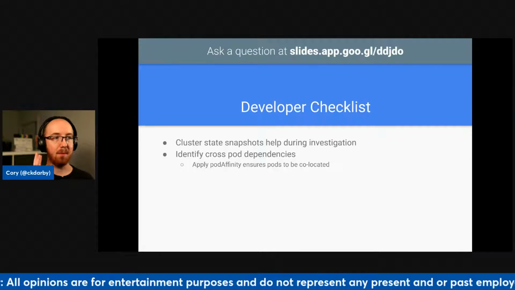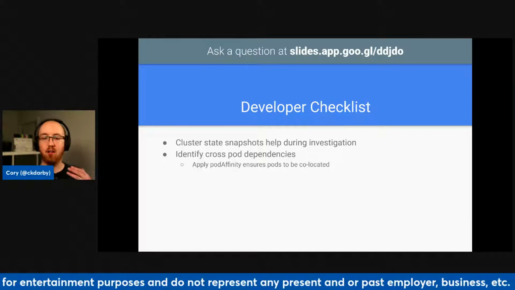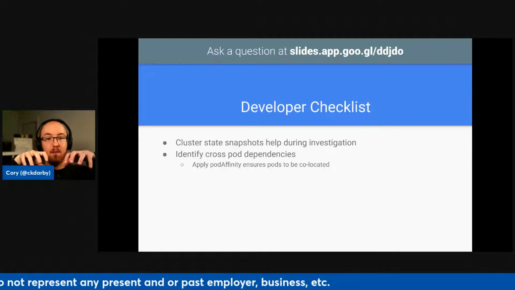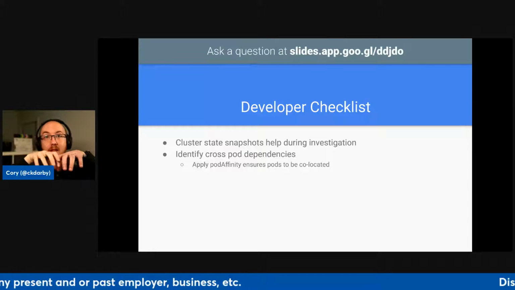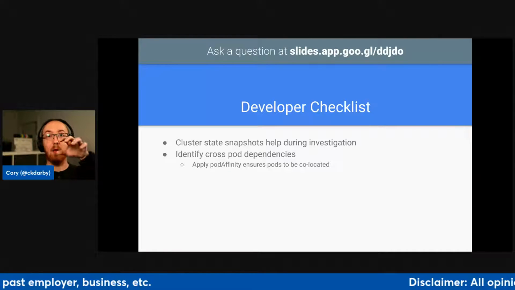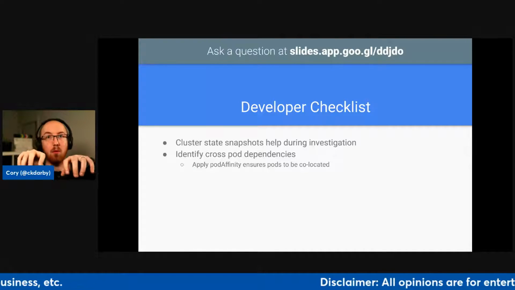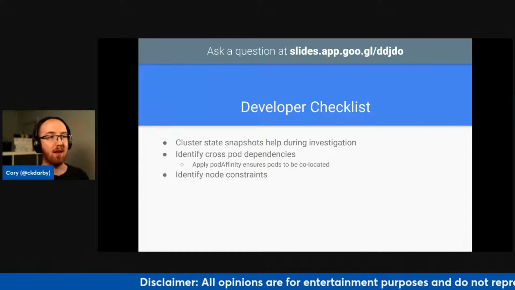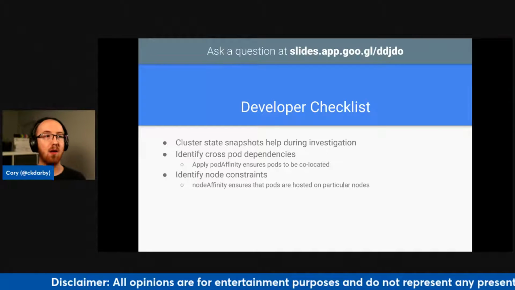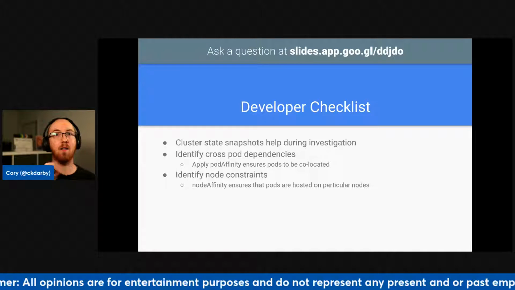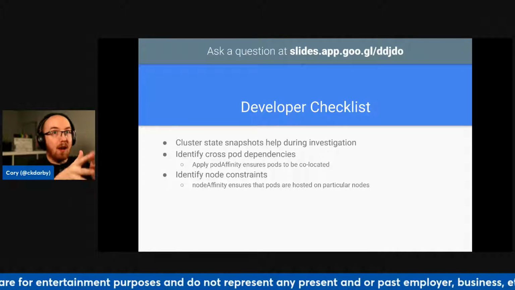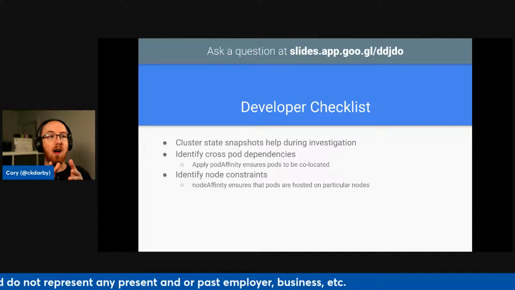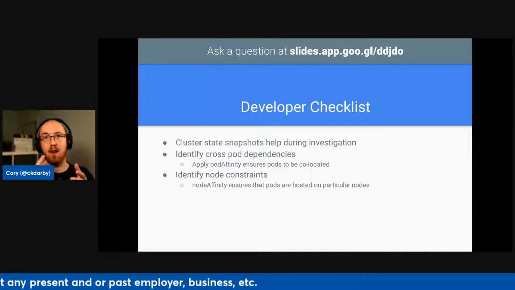So we want to apply pod affinity, which is just a fancy way of saying I want to deploy these pods together. I want Redis and the web server to be deployed together at the same spot. And then you have node constraints, which is node affinity, which is I want these pods to go onto a particular type of node. I want these to go on the more high CPU instance types that we have.